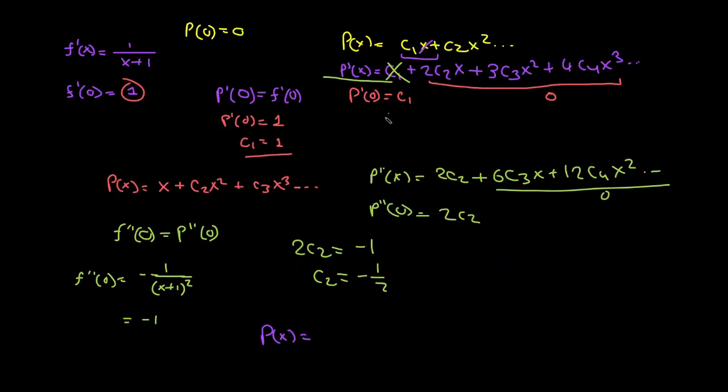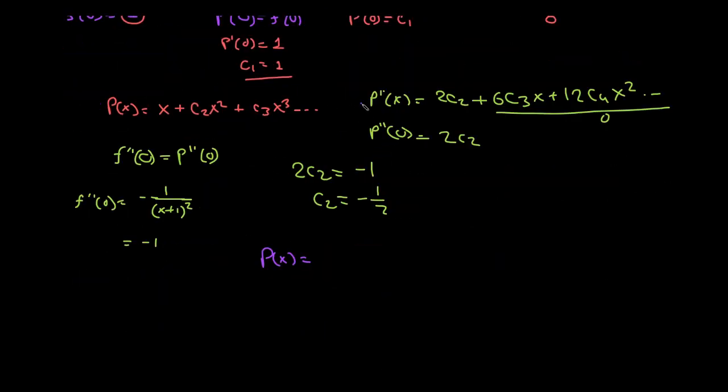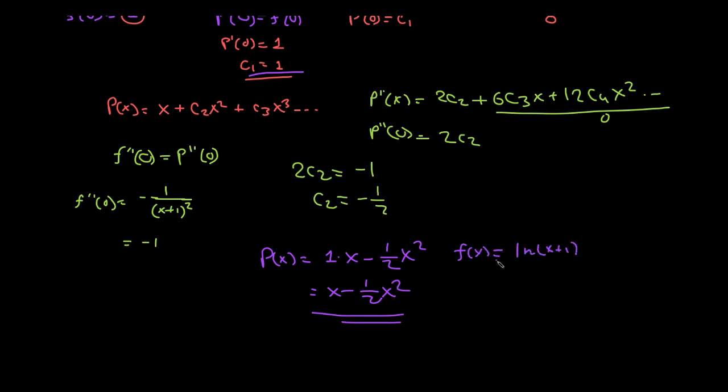And then c1 was equal to 1, so we have 1 times x, and then c2 is going to be negative a half x squared. So our function is x minus a half x squared. That's our function, and we have that to approximate the natural log of x plus 1 around x equals 0. Right, so let's see how those square up.